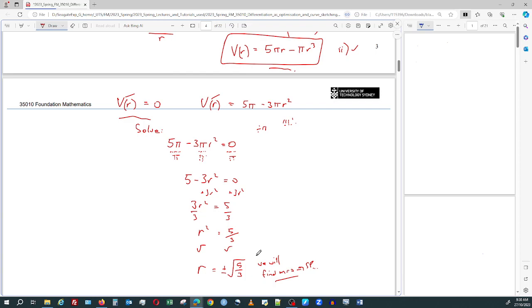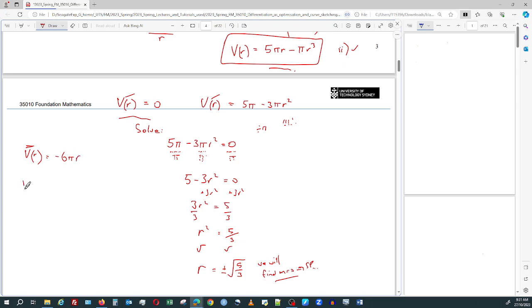I want to check those values in the second derivative test, because it seems to me that one of them might give us a max and one of them might give us a min, so we'd better check that. So we'll do the second derivative, which would become, the constant goes, and we simply get minus 6 pi r.